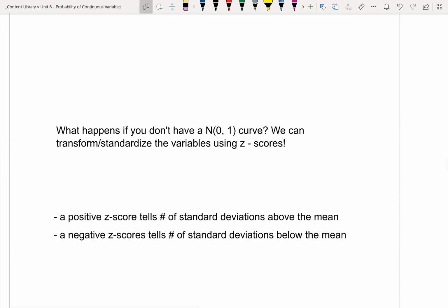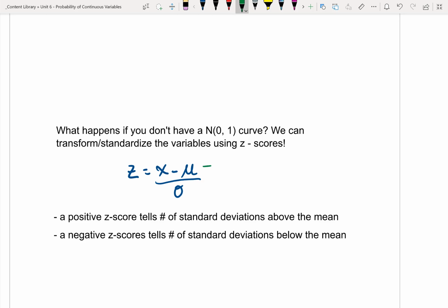So what happens if you don't have a special standard normal distribution curve? We can just transform or standardize the variables using z-scores. We've talked about z-scores before and how they tell us the number of standard deviations away from the mean. The formula is z equals x minus the mean, over the standard deviation.